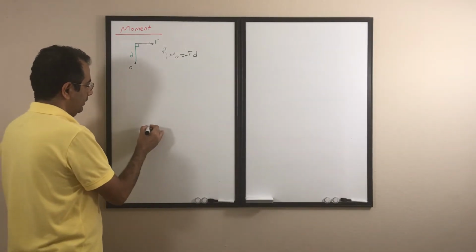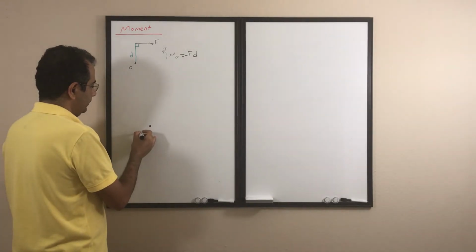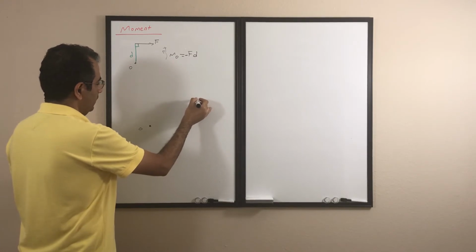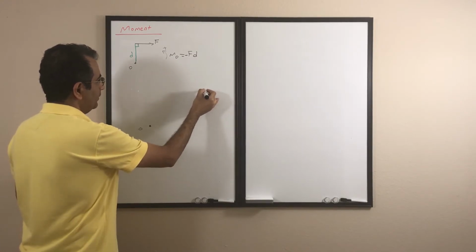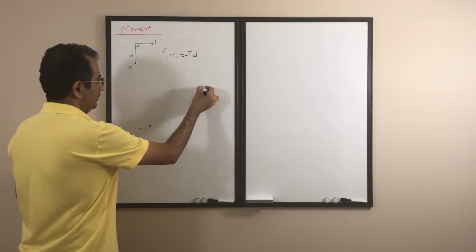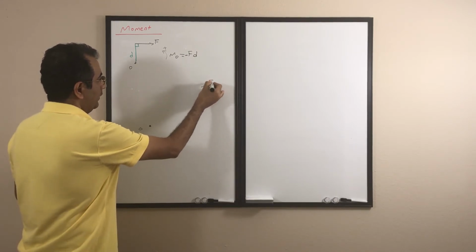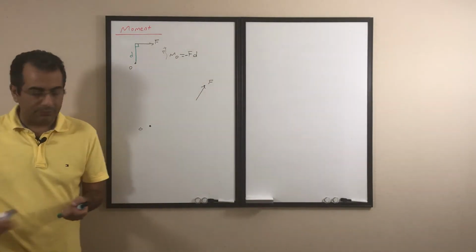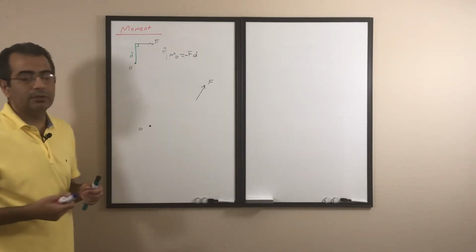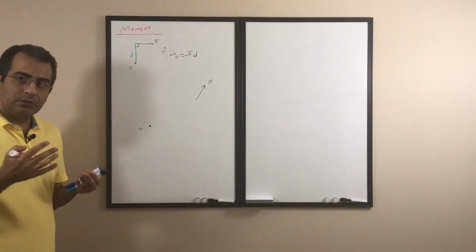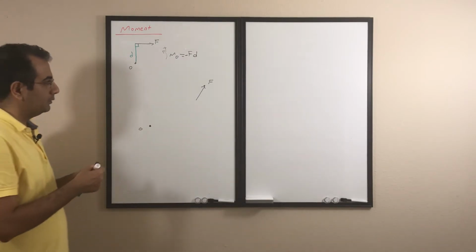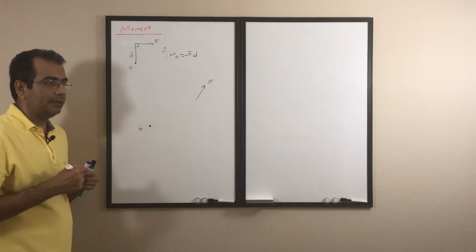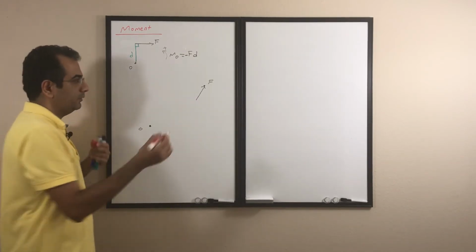Assume I have a point O here, and then I have a force like that, and I want to find the moment of F about O. When we are dealing with a 2D problem, the very first thing we will do is find the components of the force in the X and Y direction if they are not given.